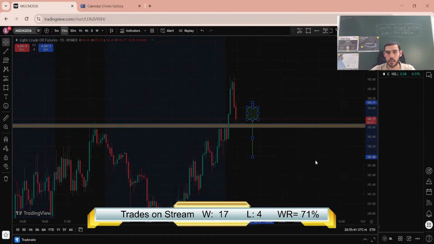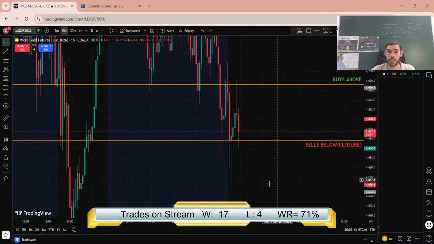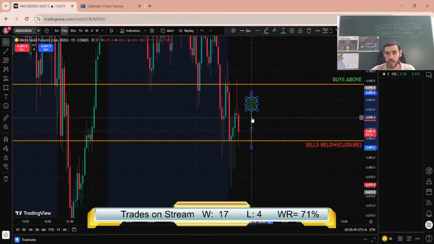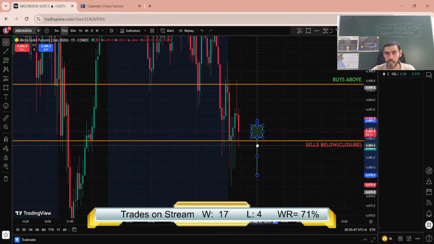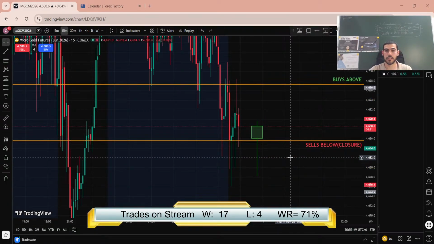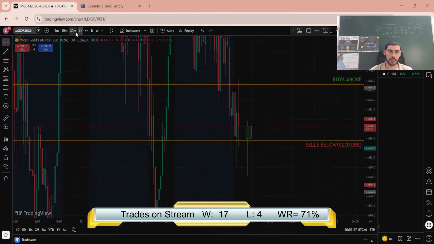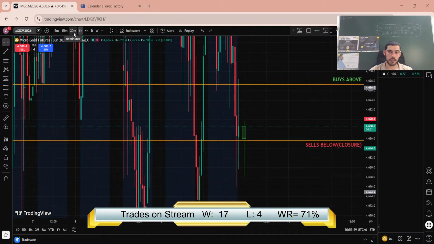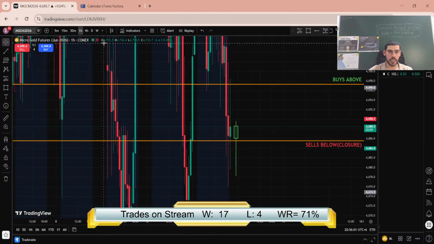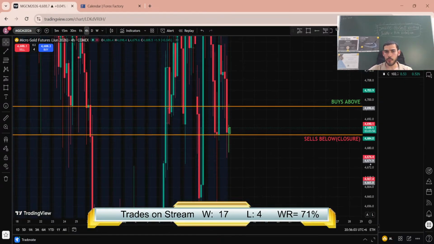Can create such a support if it closed in the range. Oh man, this is going to be very good setups for buys. Good setup for buys. Will be very good. So we'll just wait.